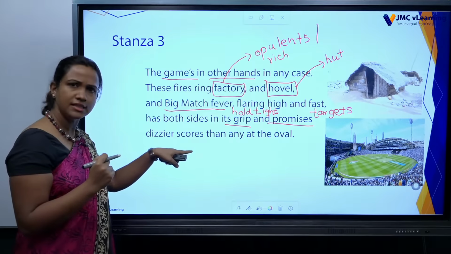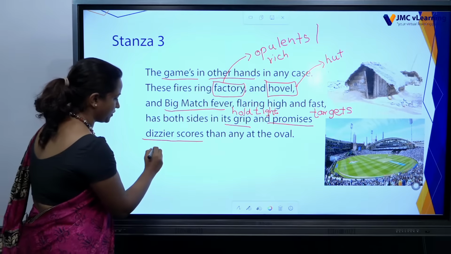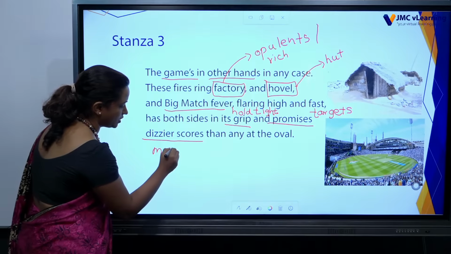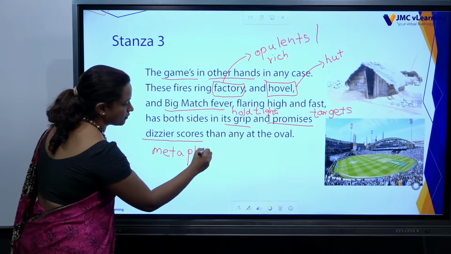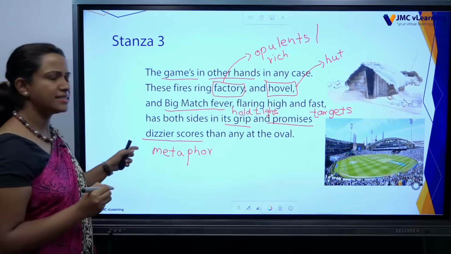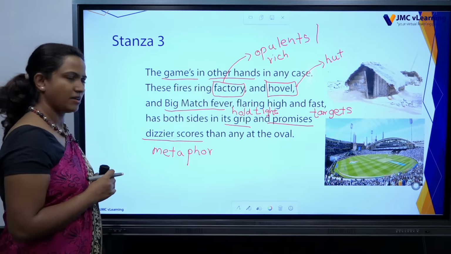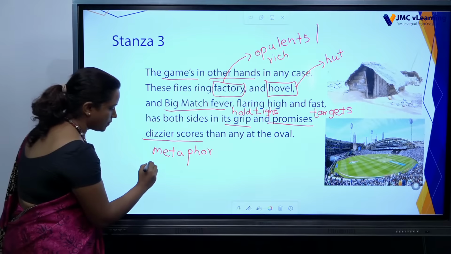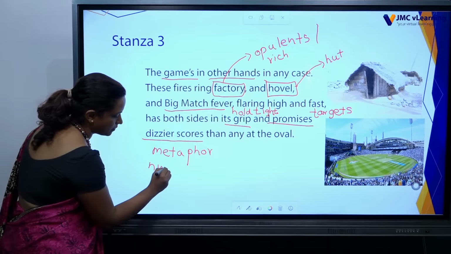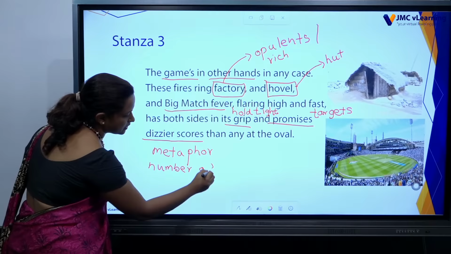Let's go to the next line. It says dizzier scores. This is a pure metaphor. You are familiar with this word, metaphor. Dizzier scores. The scores are really dizzying. Why? Dizzier scores resemble the number of deaths.